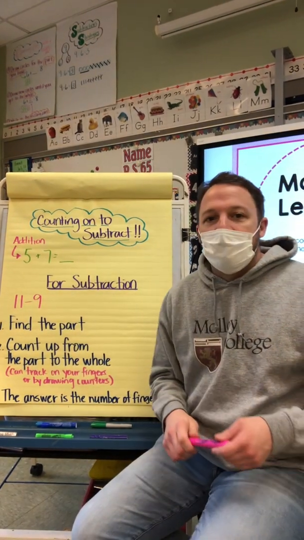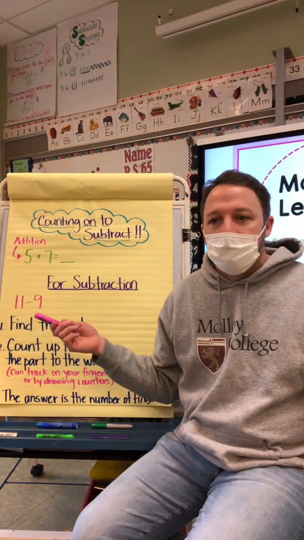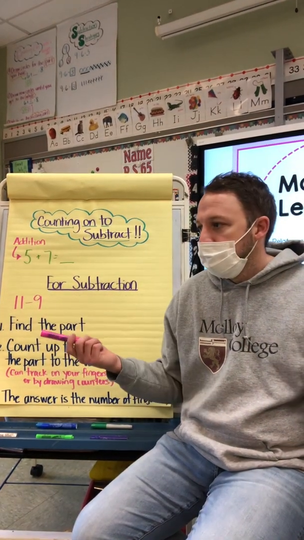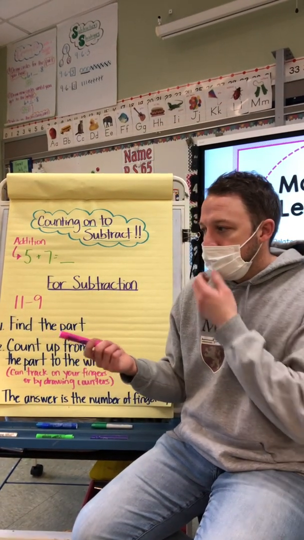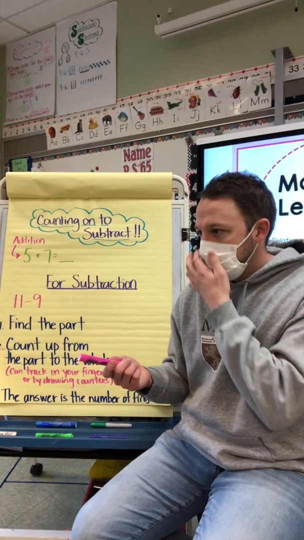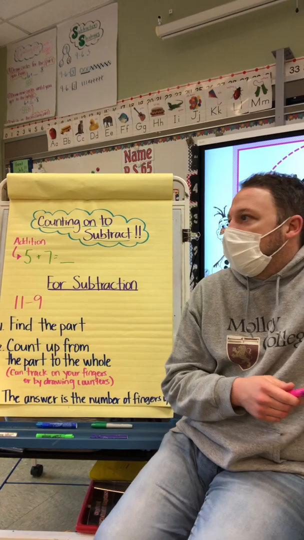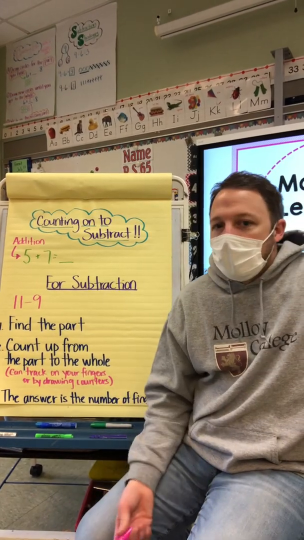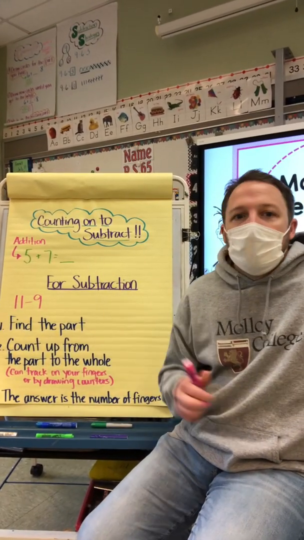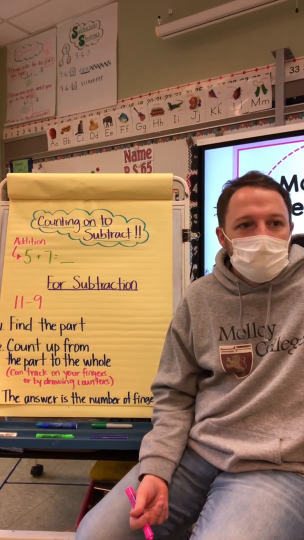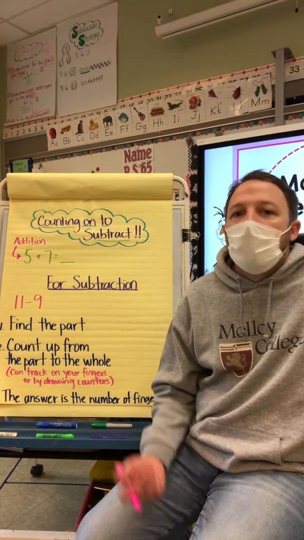And we're going to be counting on to subtract, as it says up here in the bubble. And normally when we think of counting on, when have we counted on? Who can tell me? We normally count on when we have trouble drawing number bonds and it doesn't work. Okay, so we've been drawing number bonds, and now we're going to count on. But when have we counted on this year? When we were adding, right?